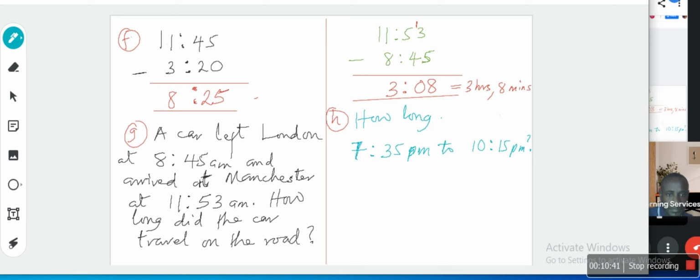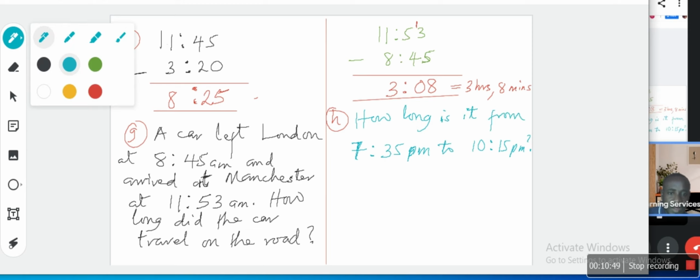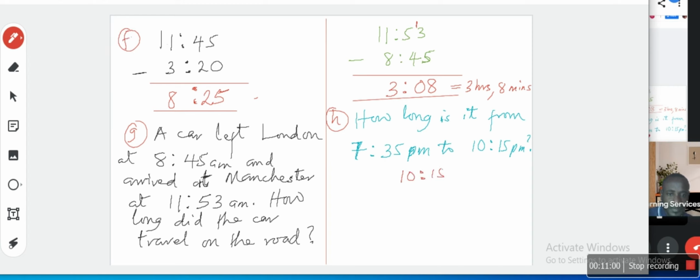How long is it from 7:35 p.m. to 10:15 p.m.? So how do we do that? We arrange, isn't it? What minus what? 10:15 minus 7:35. So what do we do?